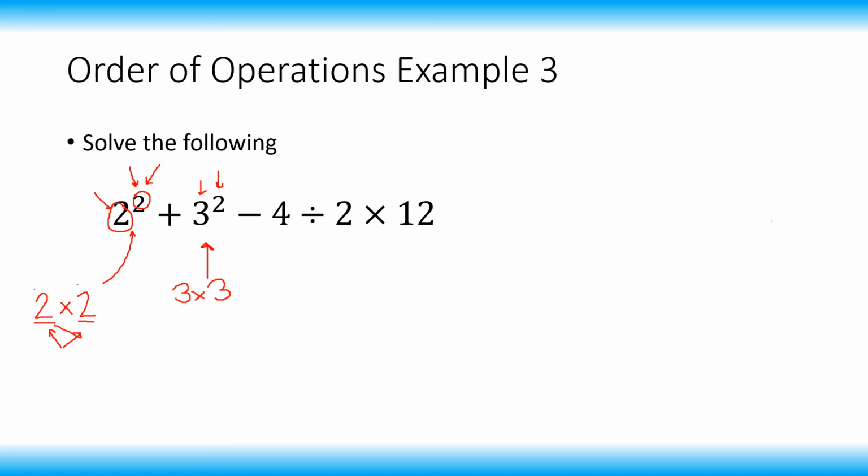So the first step in this BEDMAS problem, since we have no brackets, is to calculate those exponents. So the first exponent, the first power there, 2 squared, is really just 2 times 2, which is 4. And the second one, the 3 squared, is really just 3 times 3, which is 9. So we end up with this.